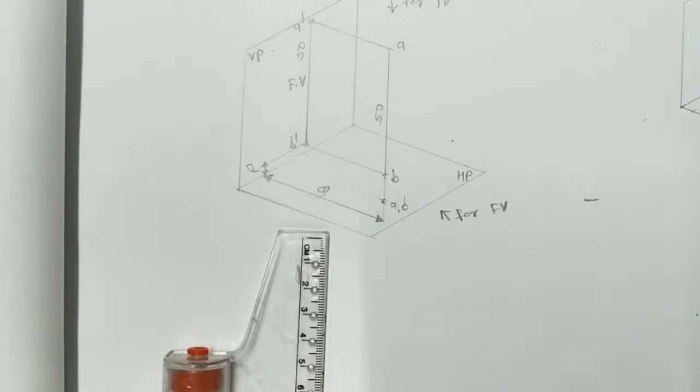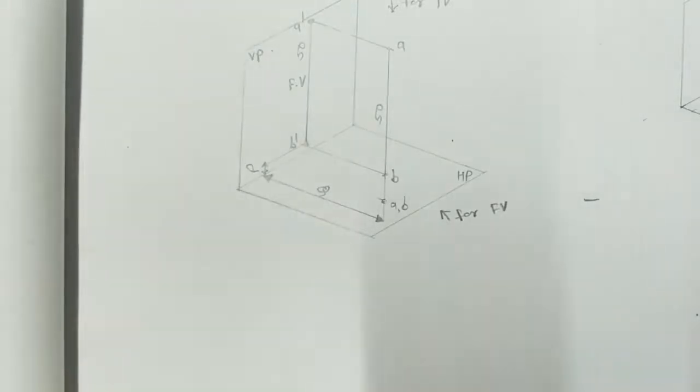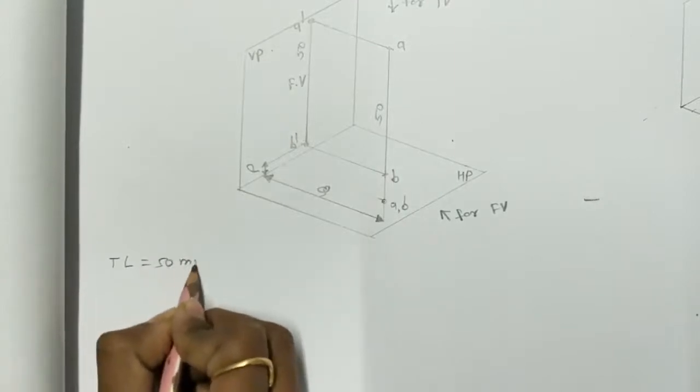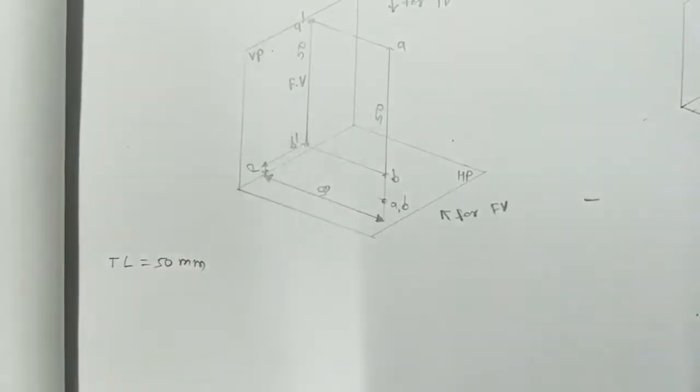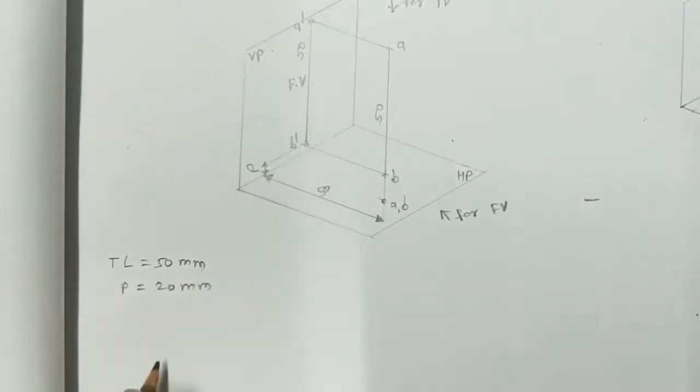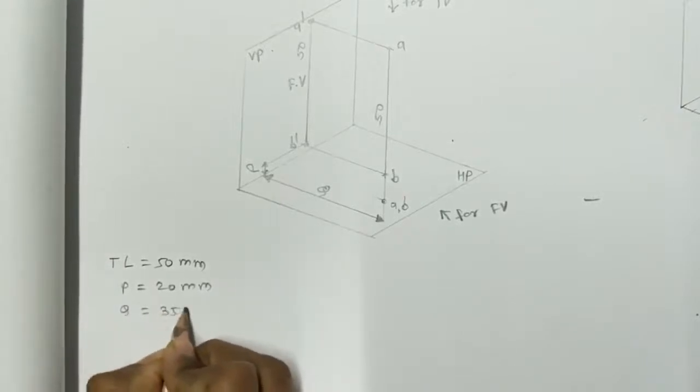Suppose we will take distances. We will take one example, that is a line having length 50 mm. So true length is equal to 50 mm and it is 20 mm above HP, that is P equals 20 mm, and 35 mm in front of VP, that is Q equals 35 mm.